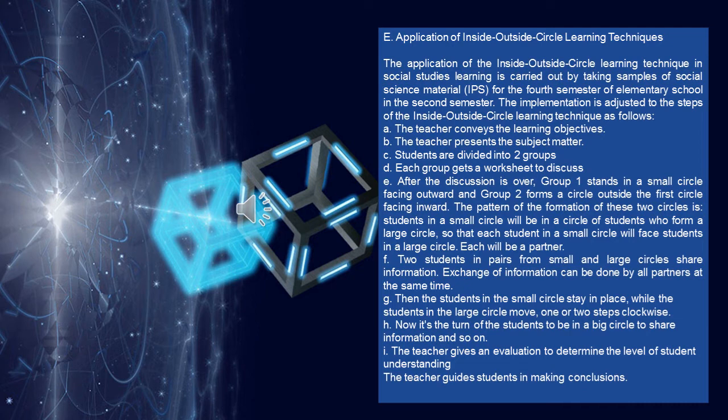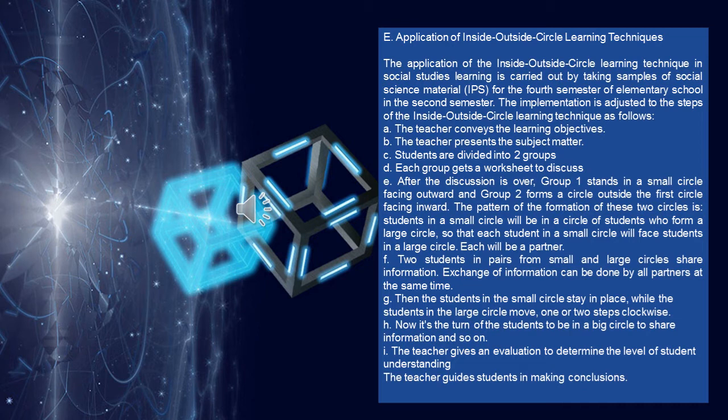Application of the inside outside circle learning technique. The application of the inside outside circle learning technique in social studies learning is carried out by taking samples of social science material for the fourth grade of elementary school.